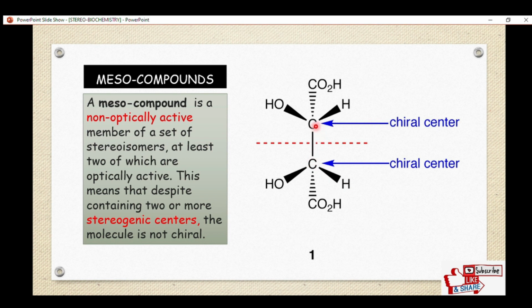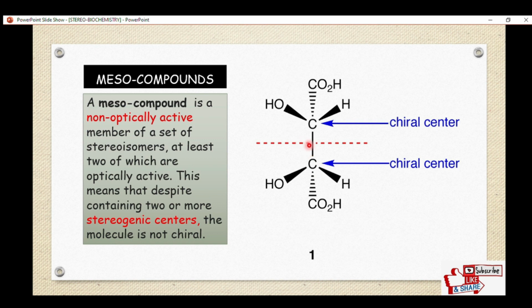This also is a tetrahedral carbon. But what we have to know is that when we draw a line here, this is a mirror image of this. Okay, so it has a plane of symmetry, and when we superimpose this on this, it's exactly the same thing. So it's not optically active. All right, although it has a chiral center, it's not optically active.